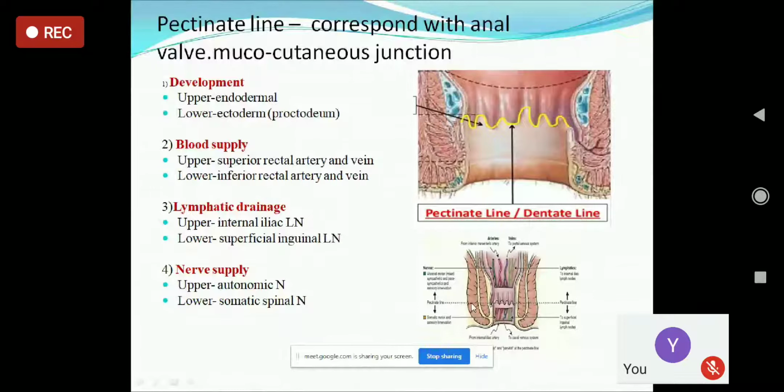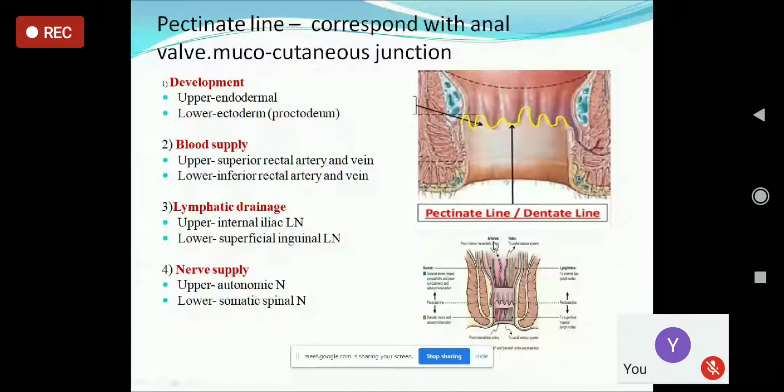This yellow line is the pectinate line. It is the mucocutaneous junction, corresponds with the anal valves, and divides the anal canal into an upper part and a lower part.